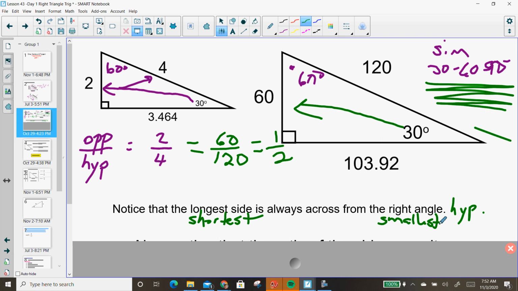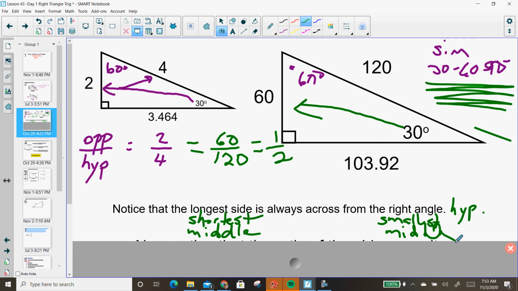The smallest angle was 30. The 2 and the 60 were across from the 30. The middle side is always going to be across from the middle angle. That isn't specifically trig, but that is something that will help you with some of the problems that you'll see. In that case, the 3.464 was the middle side. It was across from 60, the middle angle.